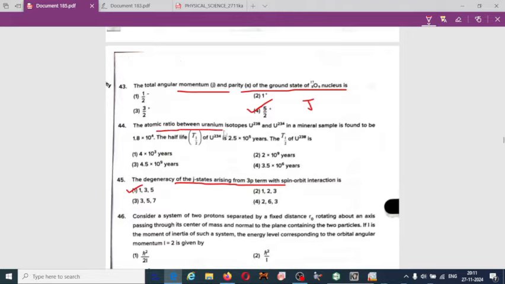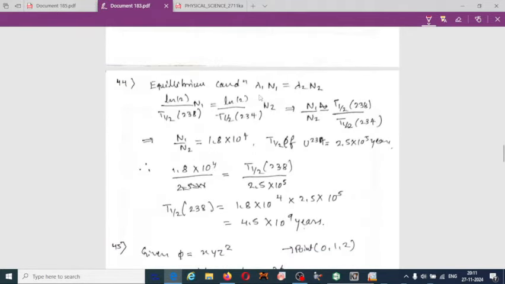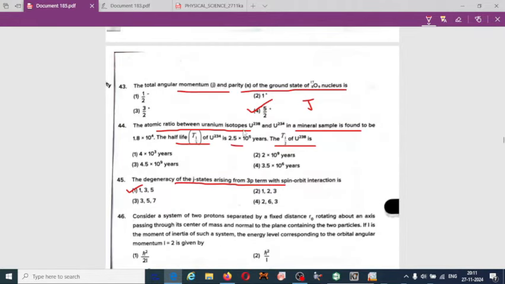The atomic ratio between the uranium isotope and uranium-234 in a mineral sample is found to be 1.8 times 10 to the power 4. The half-life of uranium-234 they have given. We need to calculate the half-life of 238. Here I have solved. So here is the relation for two nuclei.